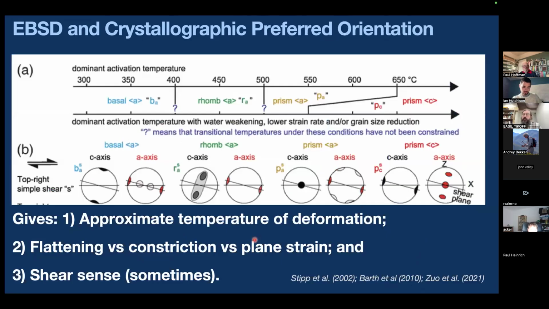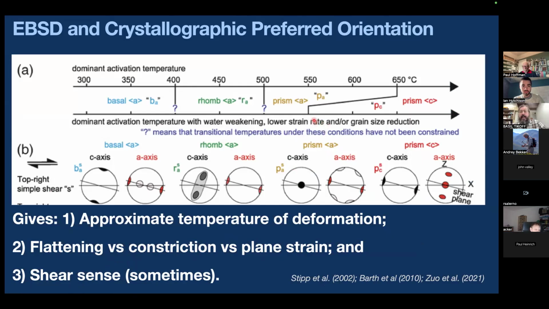The second thing we're going to do with the same EBSD data is look at the crystallographic preferred orientation, or CPO. I might slip and call it that. So crystallographic preferred orientation can give you up to three different things. It sort of depends on what pattern you get. It can give you the approximate temperature of deformation. It gives you something about the history. So did it happen by flattening, by constricting, by plane strain? And then if you get the right types of CPO, it can tell you about the shear sense.